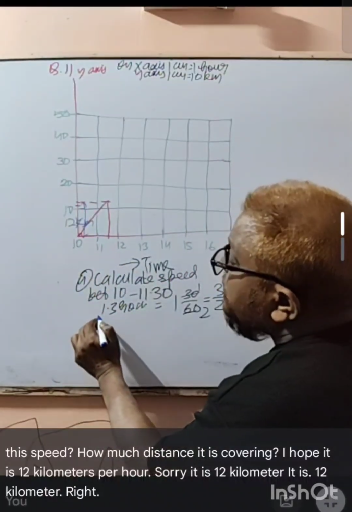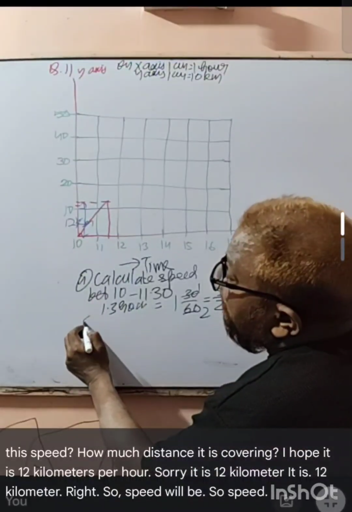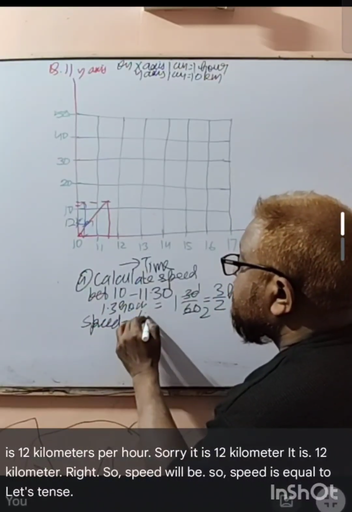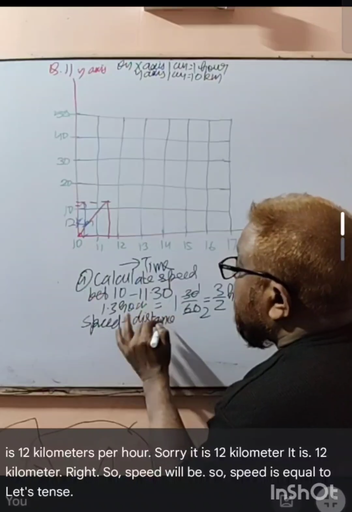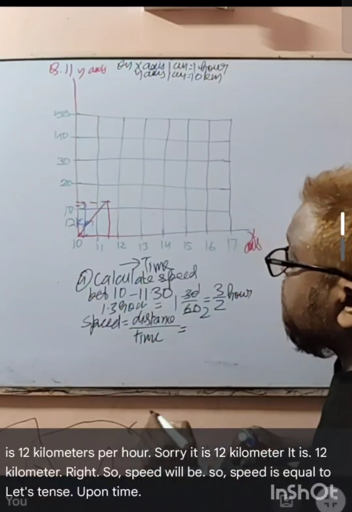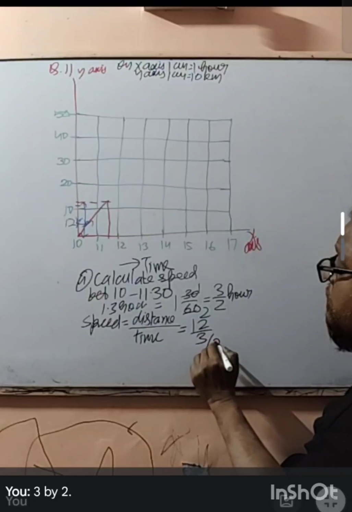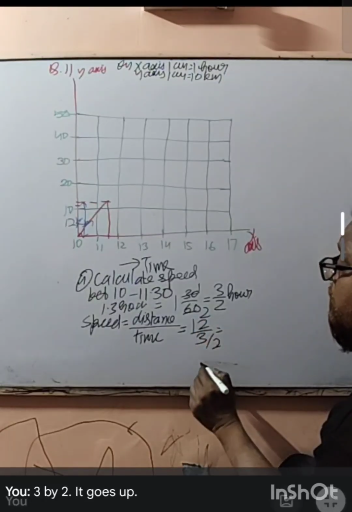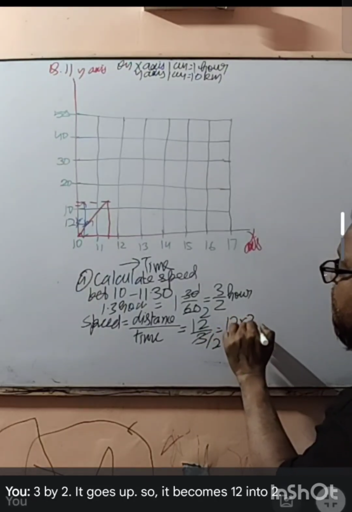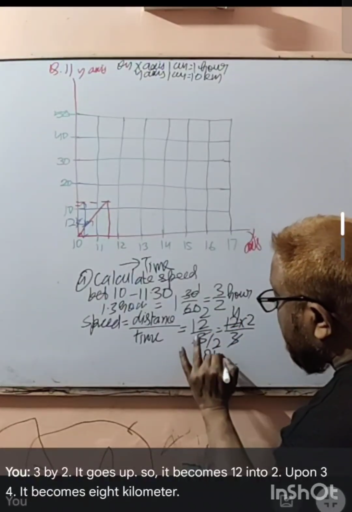So speed is equal to distance upon time. Three by two goes up, so it becomes 12 into 2 upon 3, 4, it becomes 8 kilometers per hour.